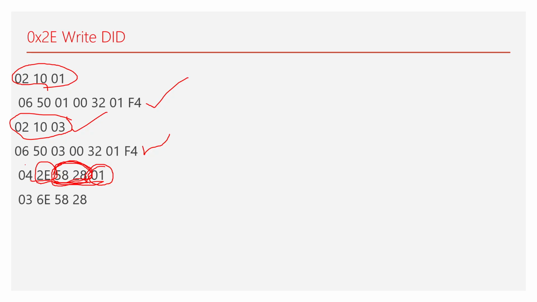If the 01 is present in the ECU, we will get this positive response. See here, this is 2E plus 40, so it is 6E, service ID plus 40. Then the DID, whatever DID we took, we get it back.